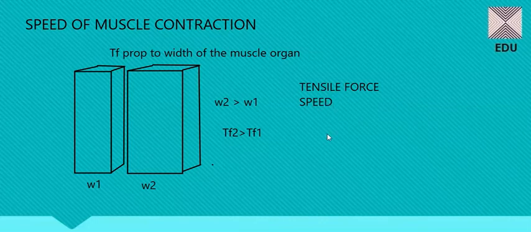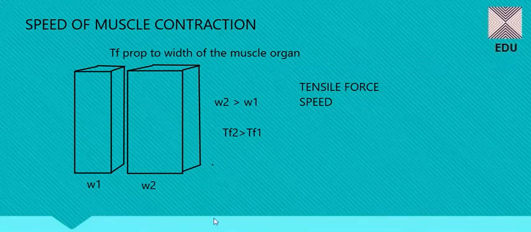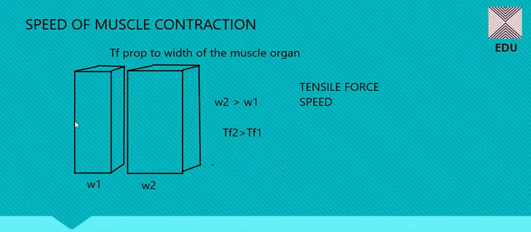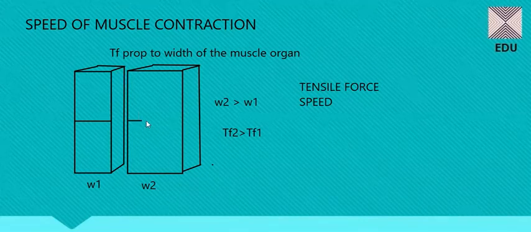So if I have to compute the speeds of these two muscles to contract, we take one criterion: the time taken by the muscle to contract to half of its length. This will be the half of muscle 1, and that will be the half of muscle 2.